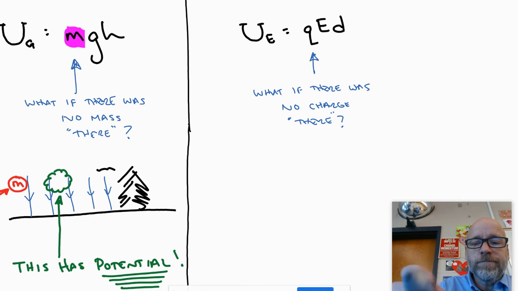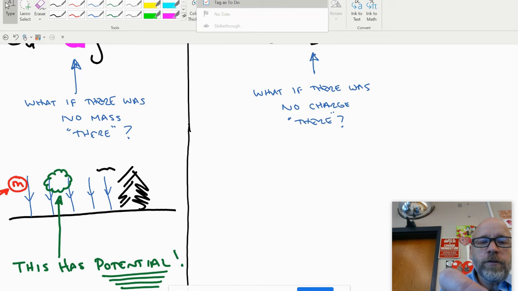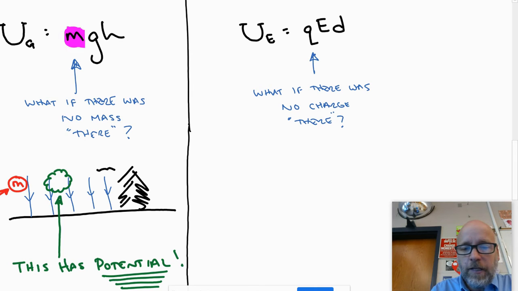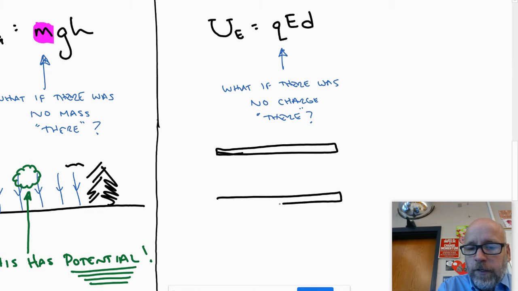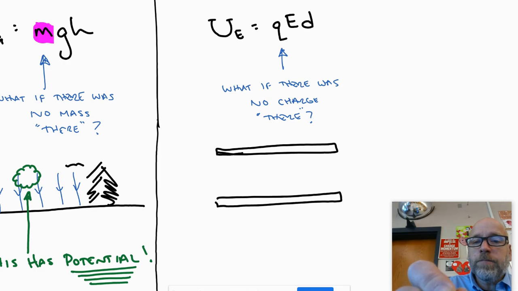Let's draw a picture. Instead of gravitational field lines, what I'd like to look at instead are electric field lines. It is very easy to create a uniform electric field between two charged plates, and it's easy to get plates to charge.